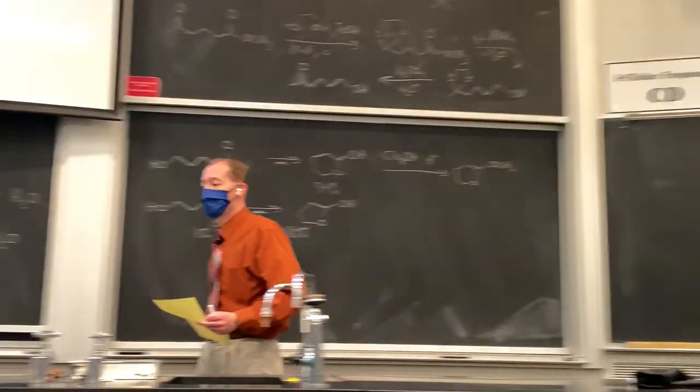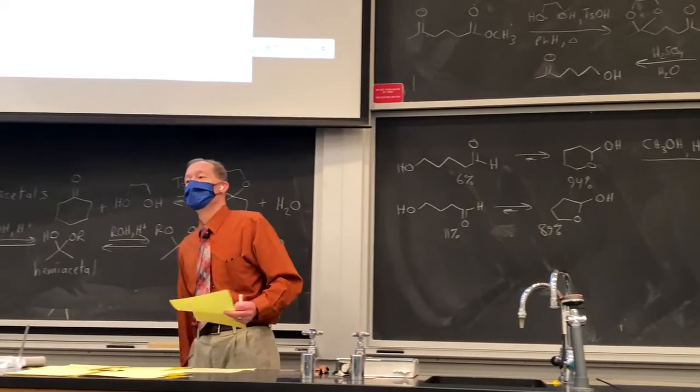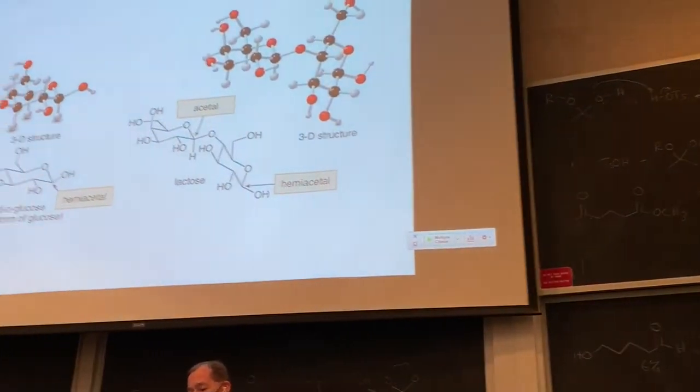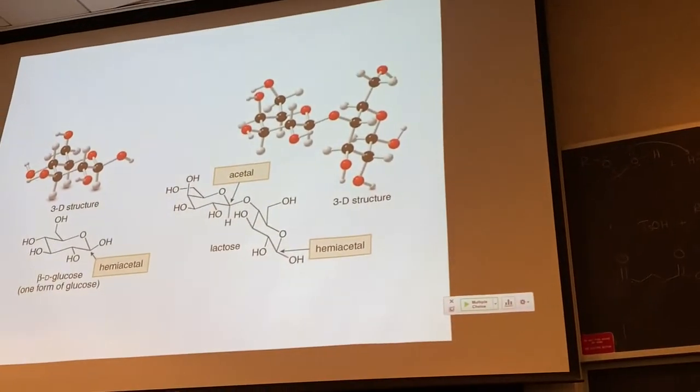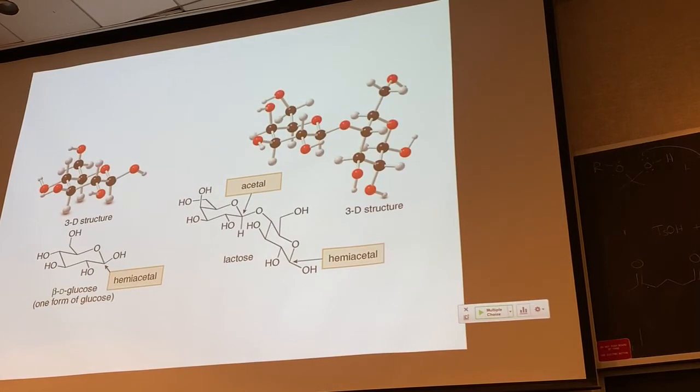So why are cyclic hemiacetals and acetals important? They are the components of carbohydrates, which are the most abundant biomolecules in the world. So when we talk about biomass, which is the mass of all of the molecules in nature, carbohydrates make up the largest component of that biomass.